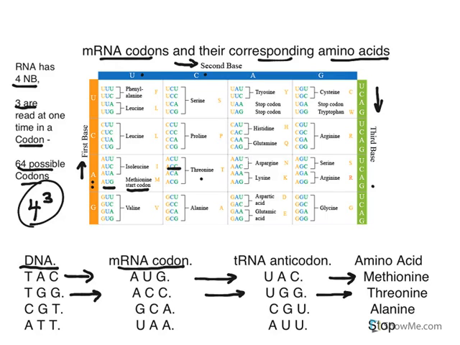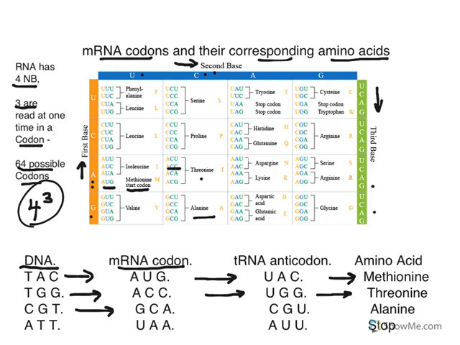Another example. If the DNA said CGT, what would be transcribed from there? GCA. Looking at the table, G, C, A would bring in alanine. And the tRNA that would carry alanine would be complementary to the codon.